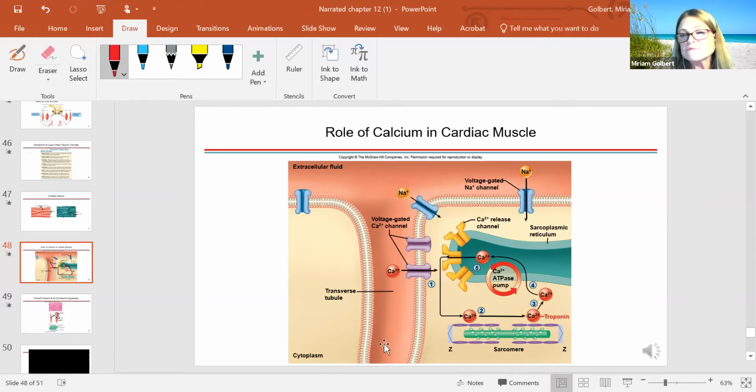So you still have transverse tubules, right? You still have the sarcoplasmic reticulum here in green. Not only do we get calcium from the sarcoplasmic reticulum, but we also get calcium from the extracellular space. So they rely on a little bit more calcium. That's why they need that extracellular calcium coming in. Skeletal, all in the sarcoplasmic reticulum. Cardiac, sarcoplasmic reticulum and extracellular.